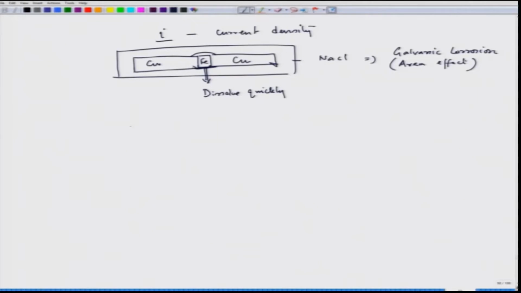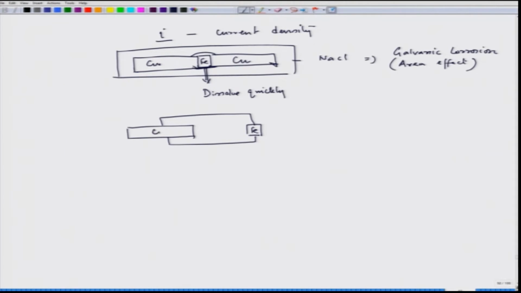Now, can we prove it through current density, small i? We can do that. Let us say this is a circuit. You have a copper and you have an iron, and this is the closed circuit.